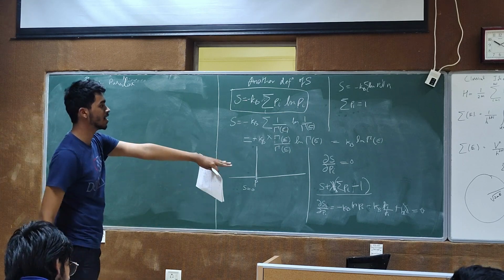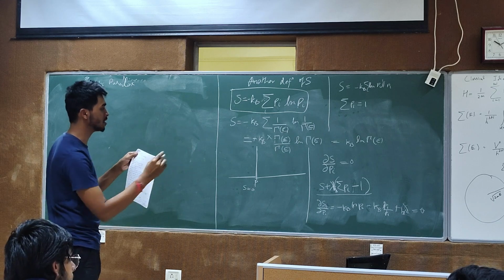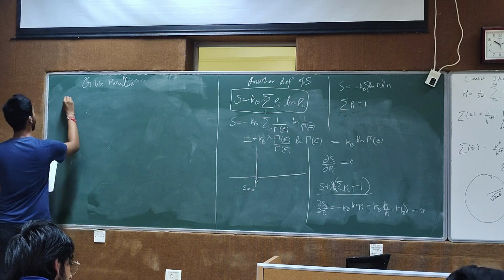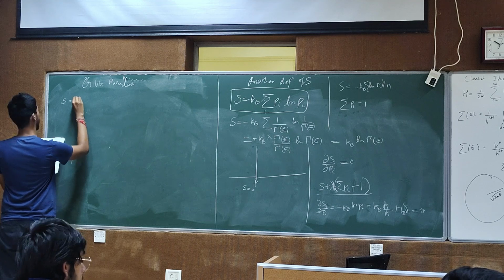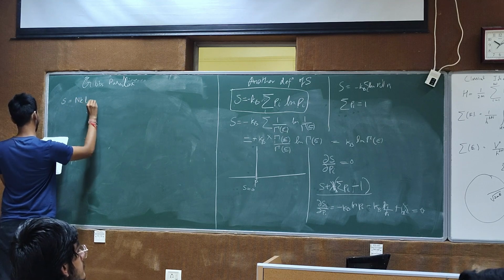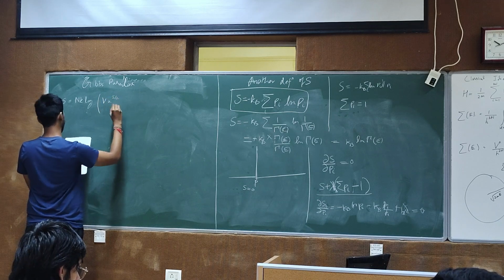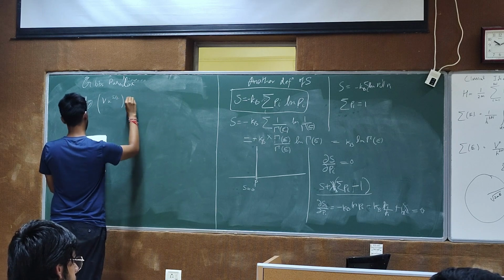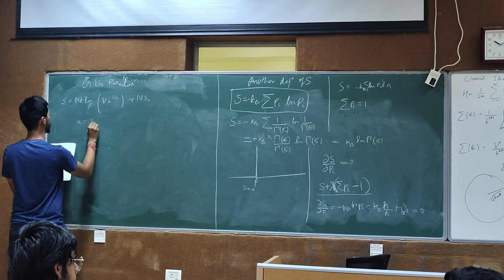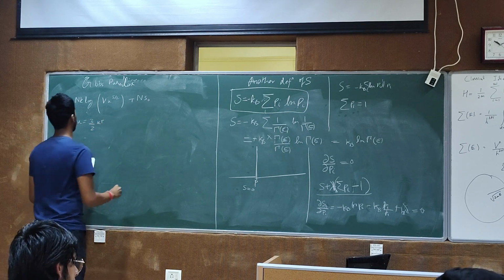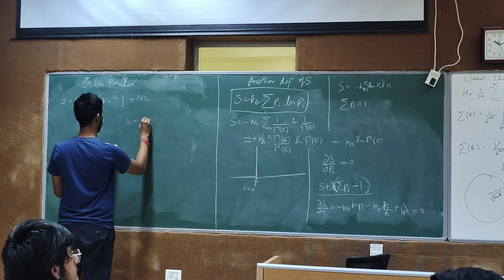We just derived the expression for the entropy, which is S equals N k log, where U is basically 3 by 2 kT and S naught is equal to 3 by 2.